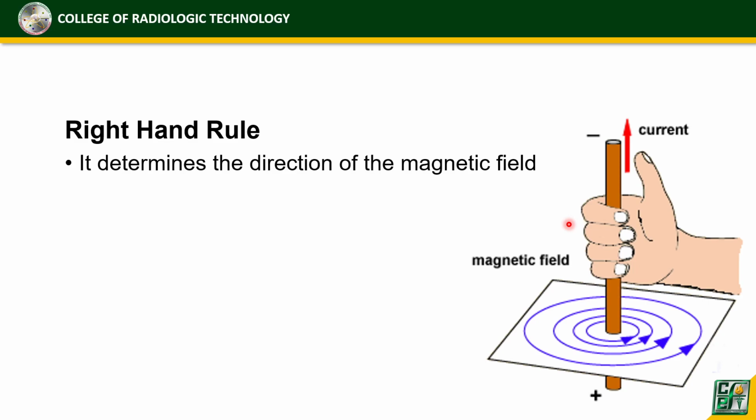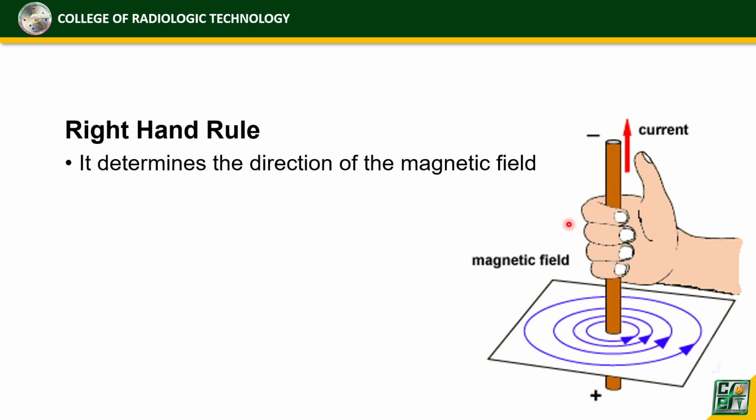Sabi natin na yung current ay opposite ng flow of electron, di ba? So kung makikita nyo sa illustration, yung magnetic field niya is umiikot sa baba.